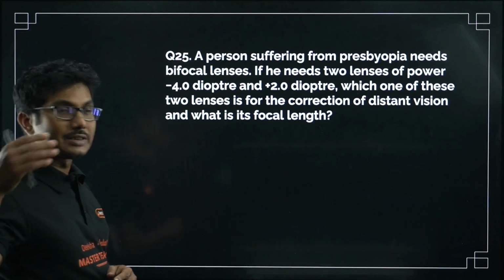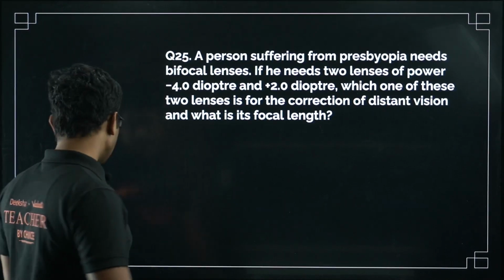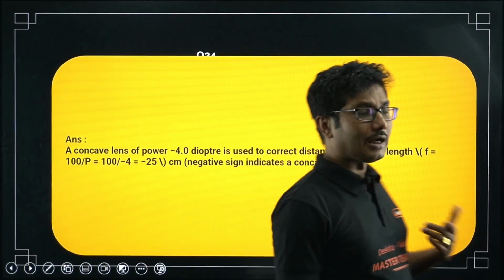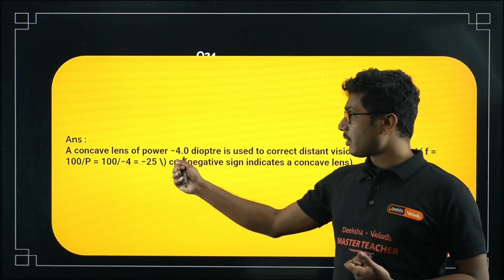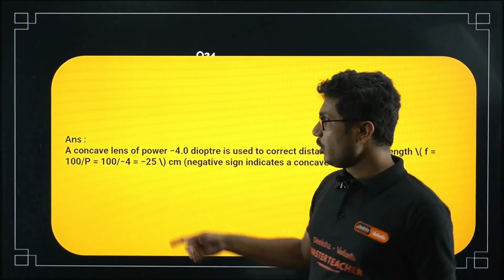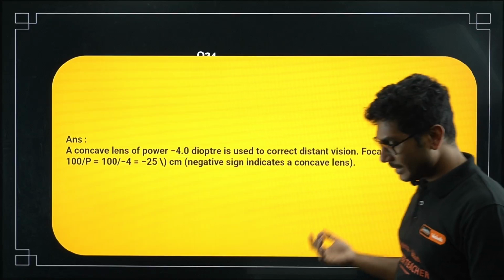That is why he cannot see both points clearly, so he needs a bifocal lens, right? Now the distant object is basically corrected by a concave lens, which has a negative power. So a concave lens of power -4 diopter is used to correct distant vision.